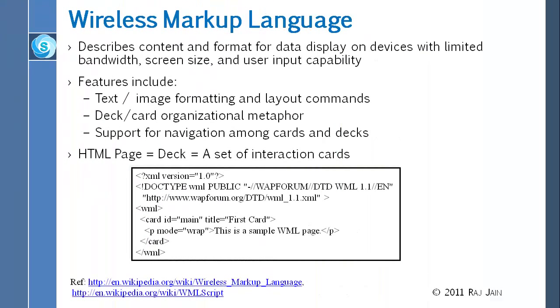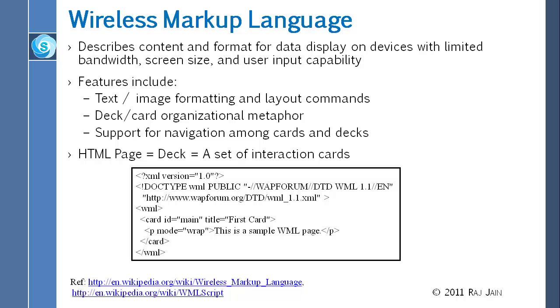So here is WML. It describes the content format for devices with limited bandwidth. This looks very much like HTML, but you put this thing there, wapforum.org dtdwml.xml. That gives you certain new codes such as cards and things like that.